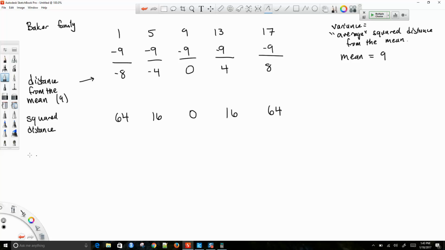As far as the average goes, if we were to calculate the average, we would add these up and divide by 5. But I have average in quotes here, because we're going to add them up and divide by n minus 1.